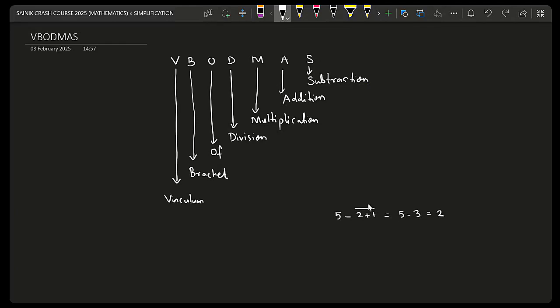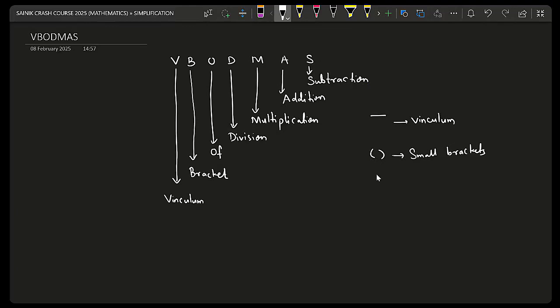So this is the vinculum. And brackets. What is a bracket? There are actually three types of brackets we are going to use. One is these, called small brackets. We discussed this one already, it is called the vinculum, above the numbers.